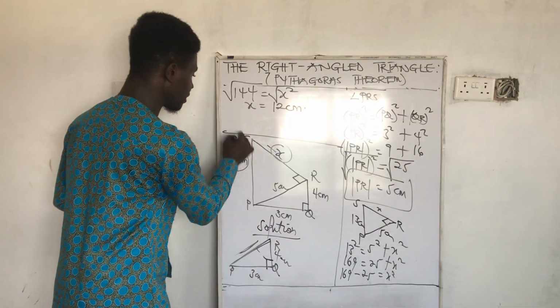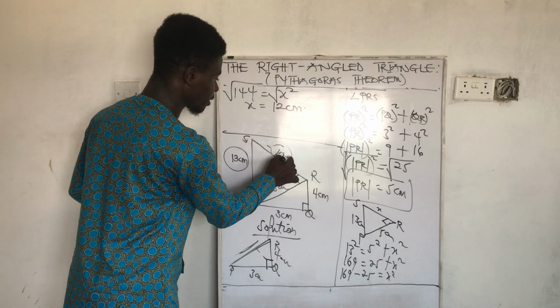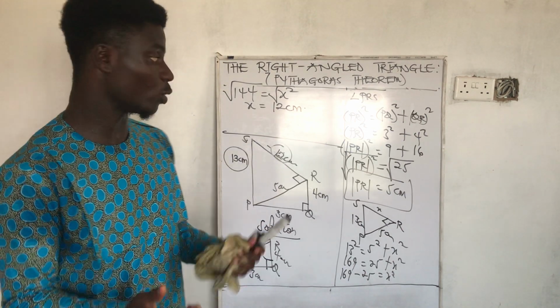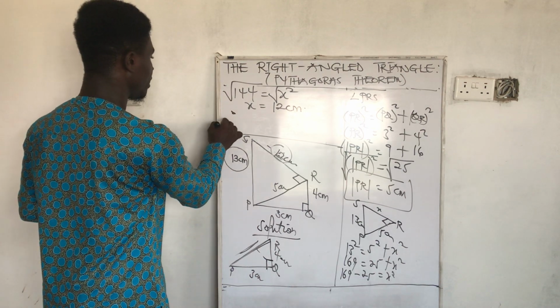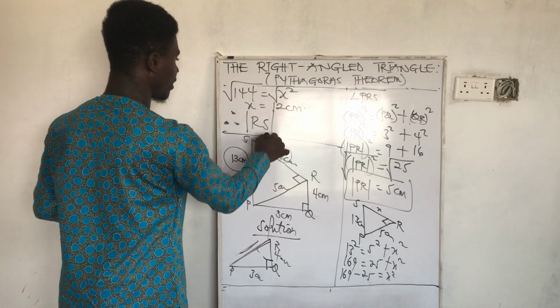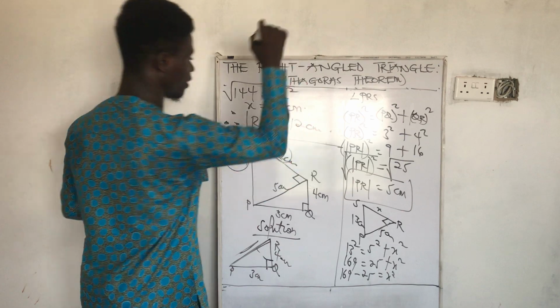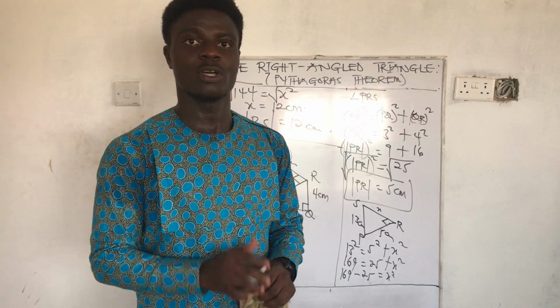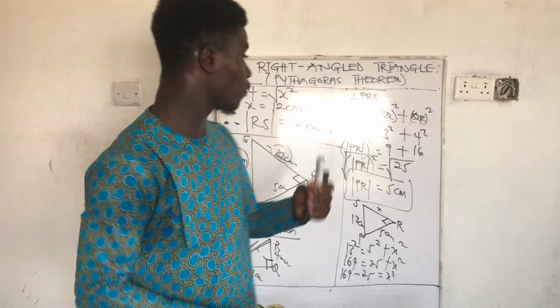So X is 12 centimeters. So the length of RS is 12 centimeters. Therefore, the length of RS equals 12 centimeters, which is very, very simple.